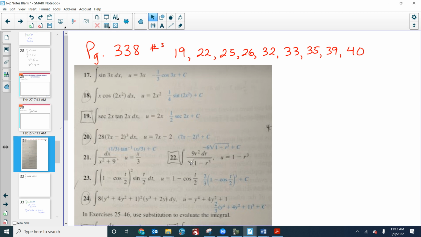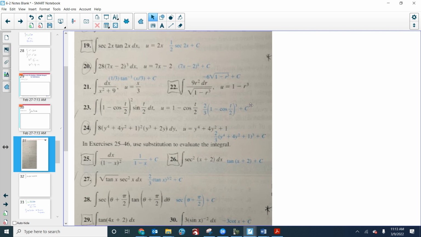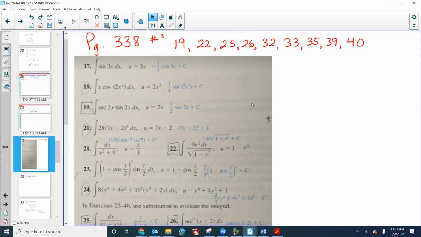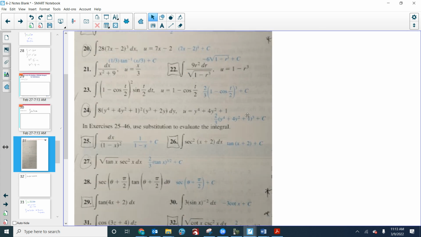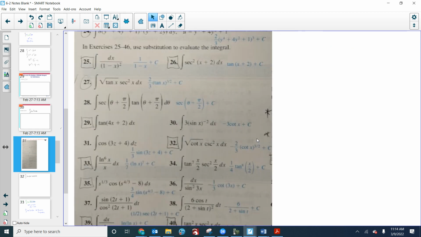Good. 25, 1 over 1 minus x plus c. 26, tangent of x plus 2 plus c. You probably could have guessed and checked with that one. 26. 32.